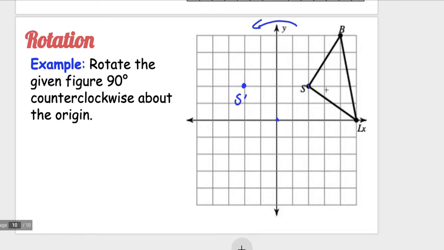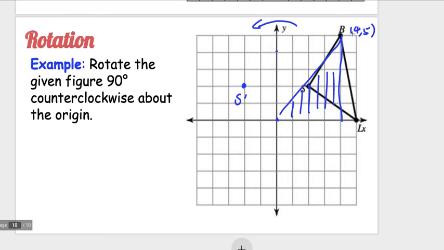The second point B is 1, 2, 3, 4, 1, 2, 3, 4, 5. So it's 4, 5. So this triangle will look like this one, right? So all we need to do is this 4 becomes this vertical 4. So 1, 2, 3, 4.